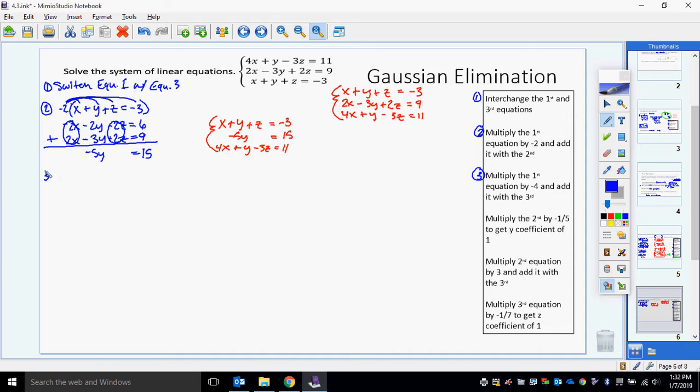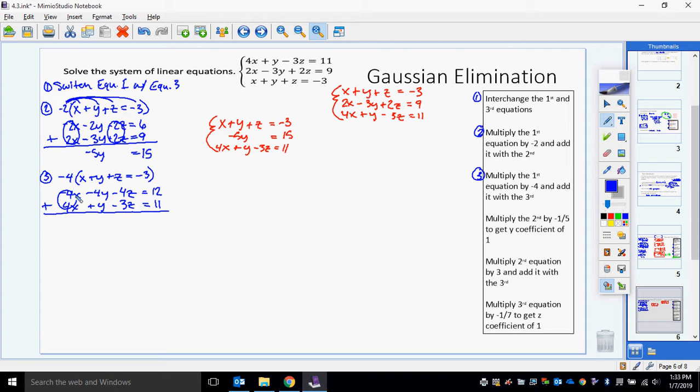So because it needs to be a negative 4, I'm going to multiply the top equation by negative 4. So I get negative 4x minus 4y minus 4z equals 12. Now that it's a negative 4x, I can add it with the third equation, which is 4x plus y minus 3z equals 11.